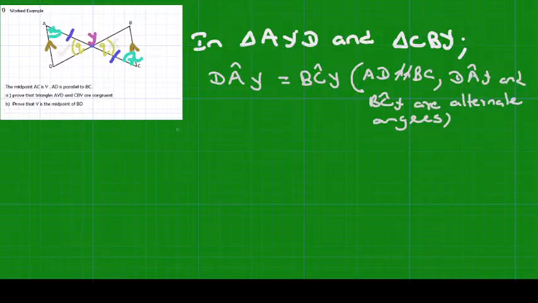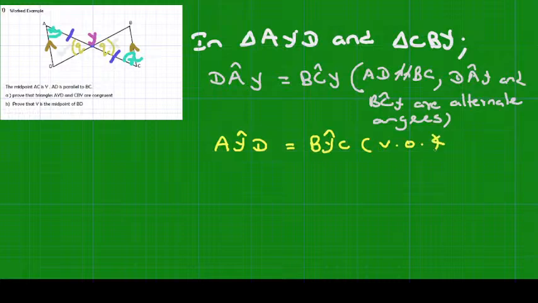We also have the Q's, that is angle AYD is equal to angle BYC, vertically opposite angles.